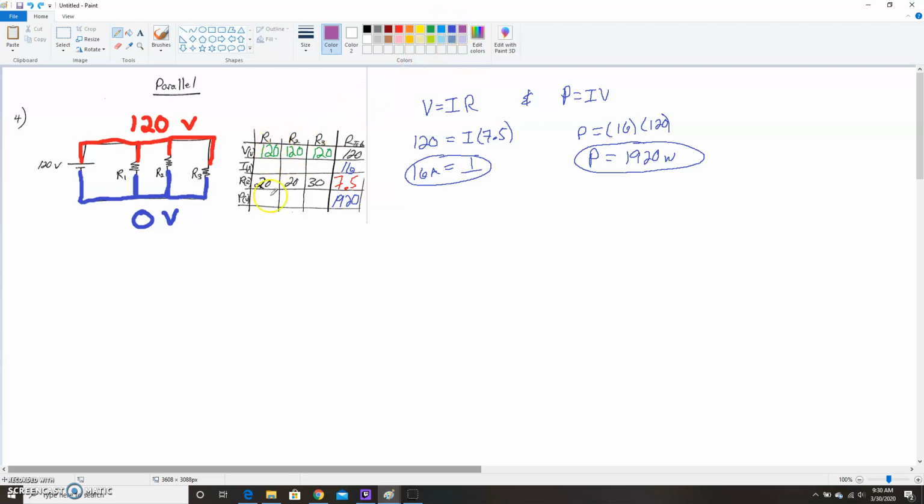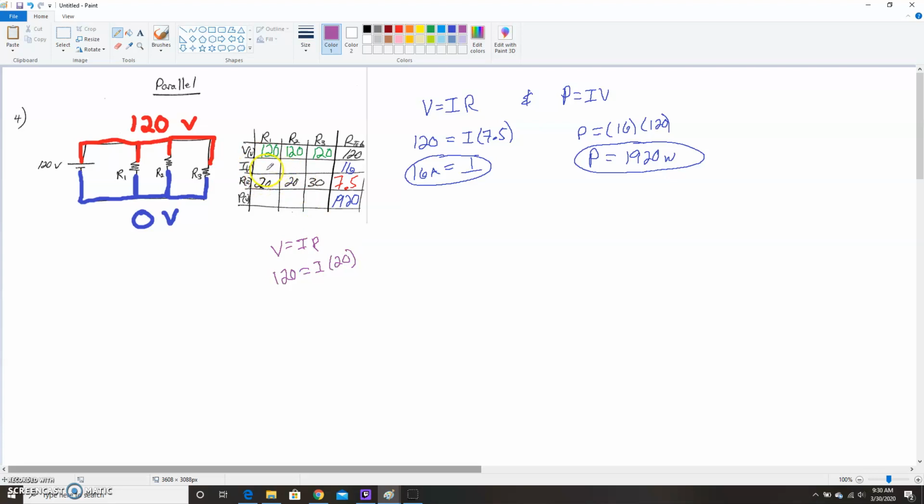All right. Once again, I have 2 in a column, 2 in a column, 2 in a column. So I'm going to finish off these columns. V equals IR, so 120 equals I times 20.